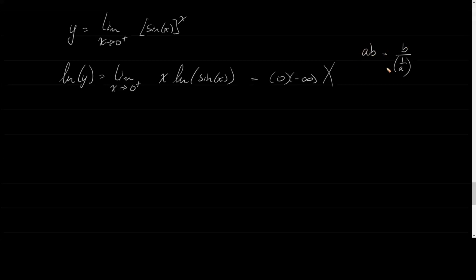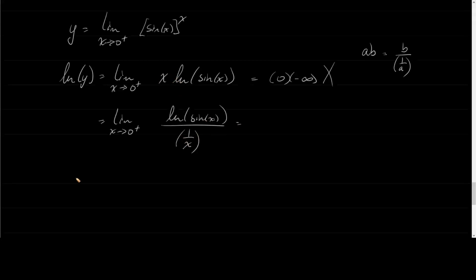So these two statements are equivalent. What we can do here is apply that idea, where this x is that a and the ln of sine x is that b, or the other way around, it doesn't really matter. I'll apply it the way I mentioned it first. I just turned it into dividing by a fraction, because it's the same as multiplying by the reciprocal.